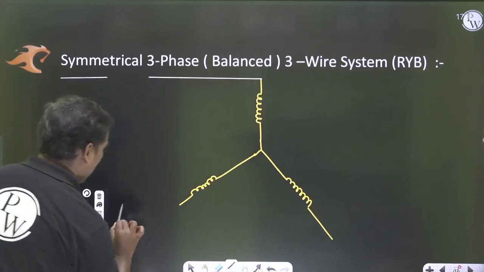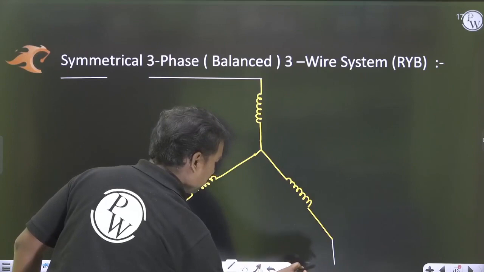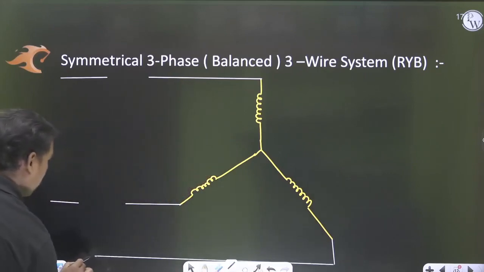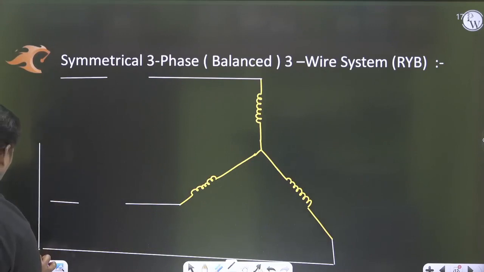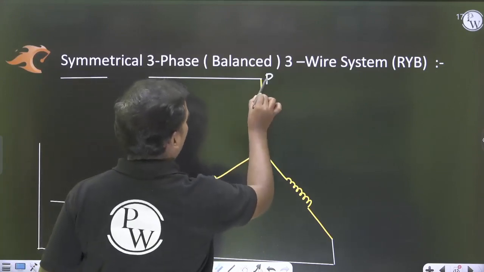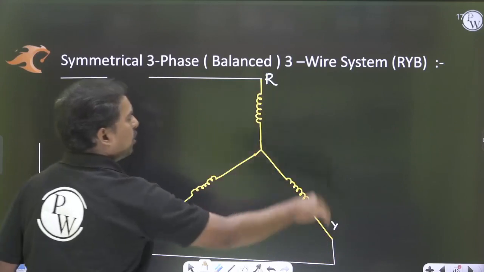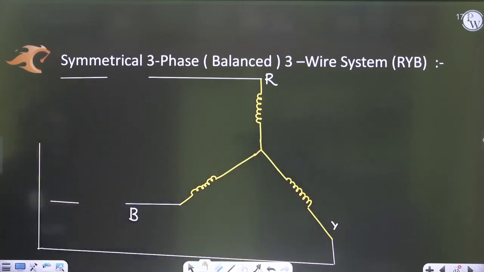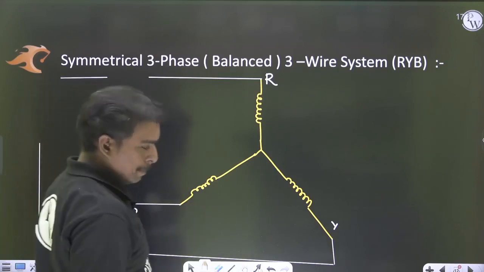So let us take the order as R, Y, B. So this is R, this is Y, this is B. I am taking the R, Y, B sequence. Here I am not using the neutral.